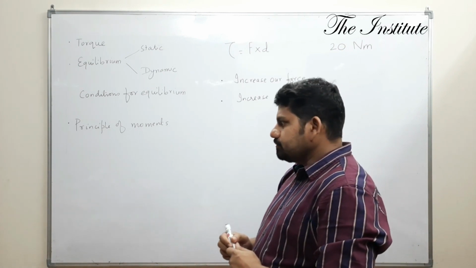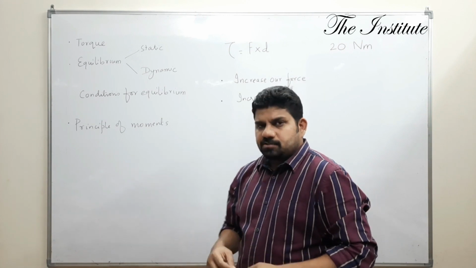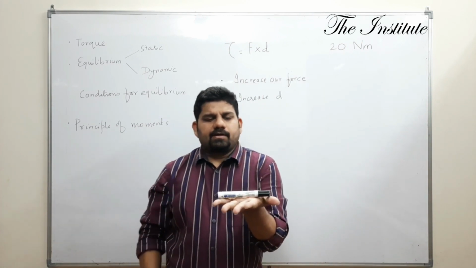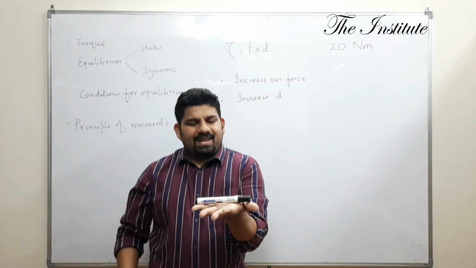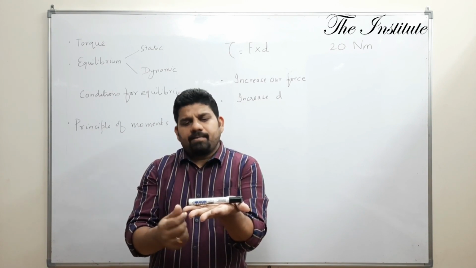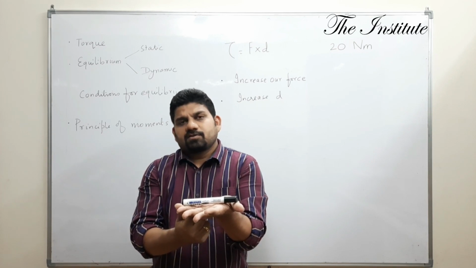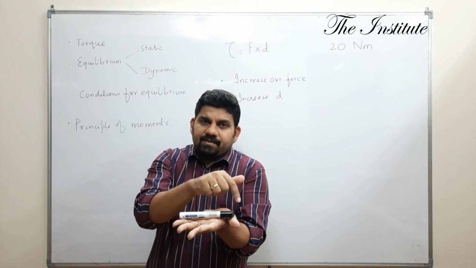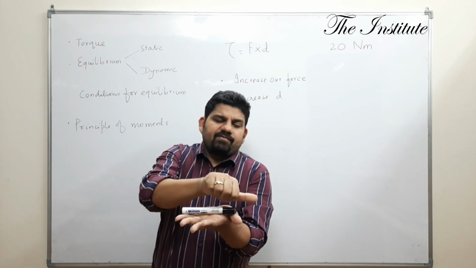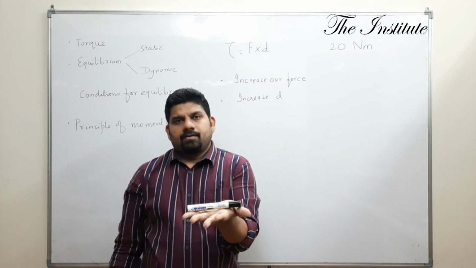Example. Suppose this body is already at rest, and now somebody applies a force of 5 Newton towards left, and some other person applies a force of 5 Newton towards right.